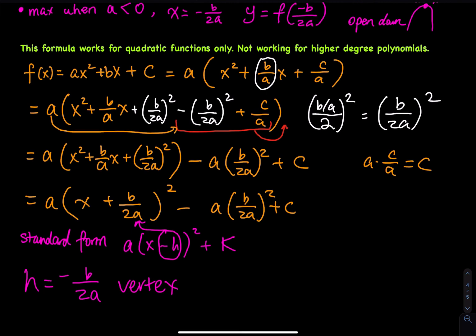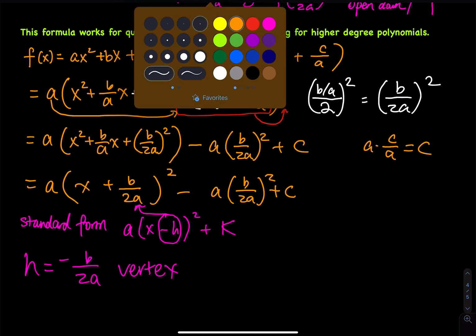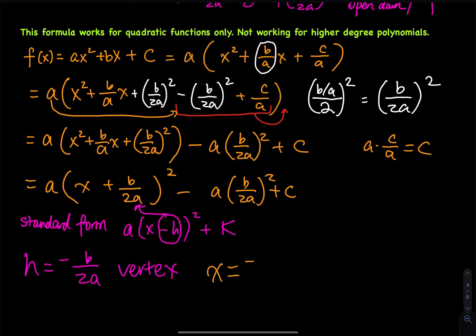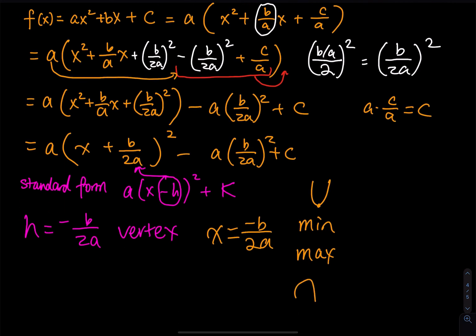So let's draw a conclusion. When x is equal to negative b divided by 2a, what do we have? We either have a min or a max. Under what circumstances do we get a min? This is minimum, and then this is maximum. When the parabola opens up, that means a must be positive. Maximum means when the parabola opens down, a must be negative.